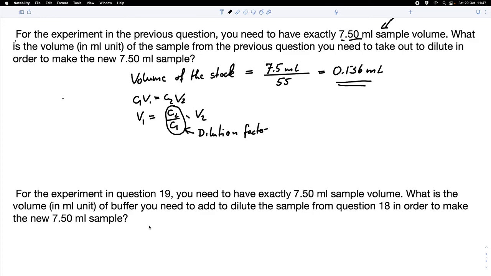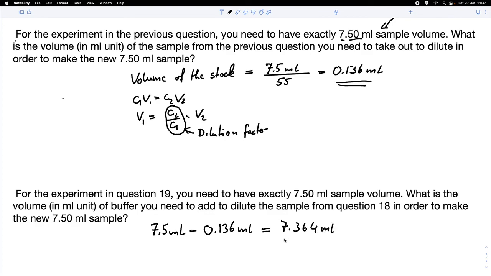So we need to calculate 7.5 milliliter minus 0.136 milliliter, and that gives us 7.364 milliliter.